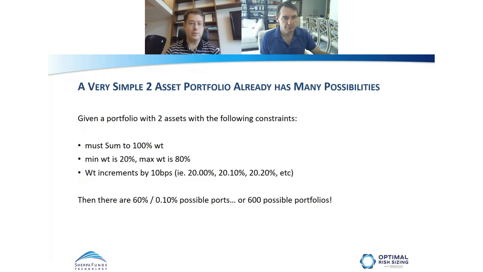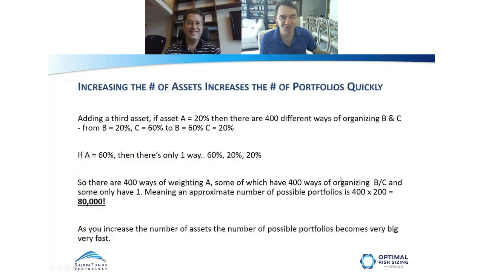And so, Richard, let's talk through the math. How does this explode? Well, apologies for that, everybody. The issue, as I was saying at the beginning, is that there are two big issues. The first one is the number of possible solutions to the portfolio problem is huge. And we said two assets with very tight constraints, you had 600. It's not very big.